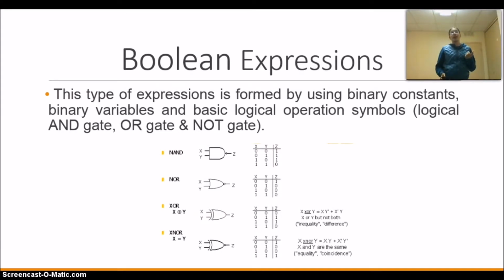In Boolean expressions, we're going to find three elements. The variable, which could be 1 or 0 because it's based on the binary system. The inverse, which is going to be the opposite of our variable, and the literal, which is going to be the complement of our variable.